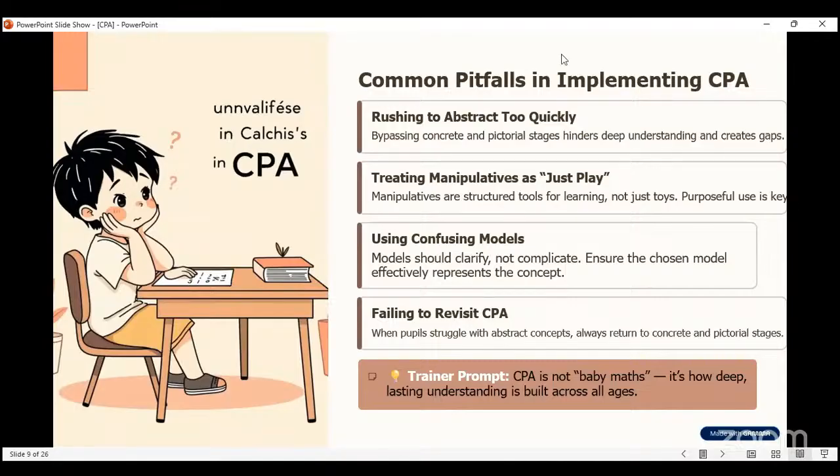There are common pitfalls that we need to avoid in implementing our CPA, which is concrete, pictorial, and abstract. You need to avoid rushing to abstract too quickly. Bypassing the concrete and pictorial stages hinders deep understanding and creates gaps.